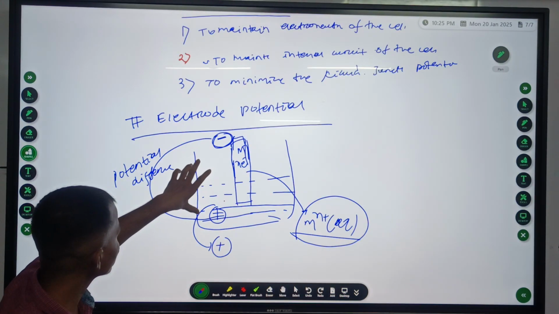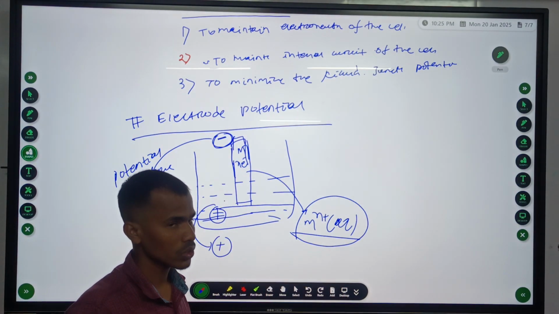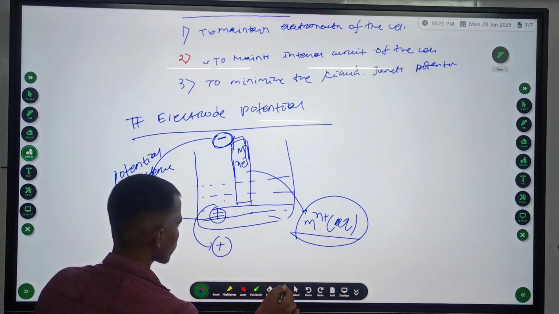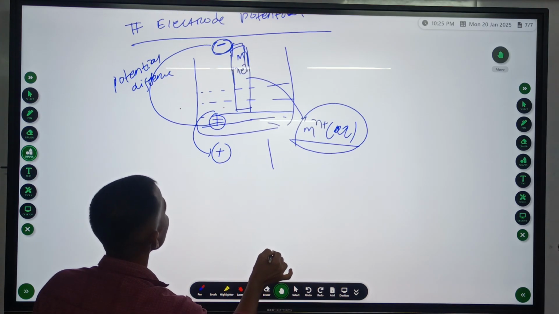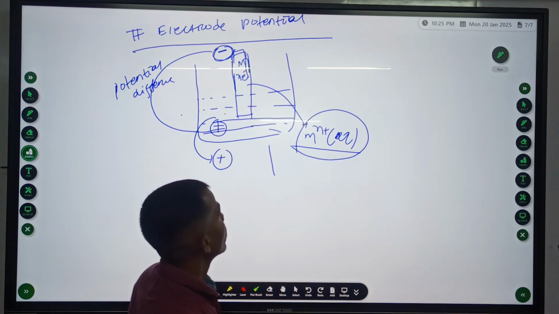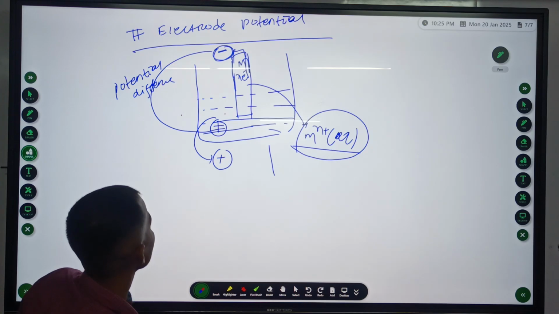This potential difference is known as electrode potential. So this is an electrode potential.